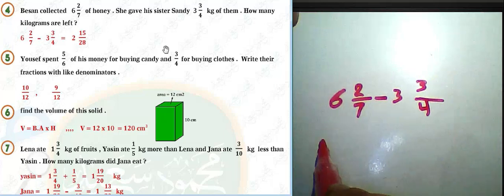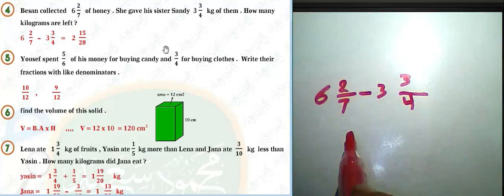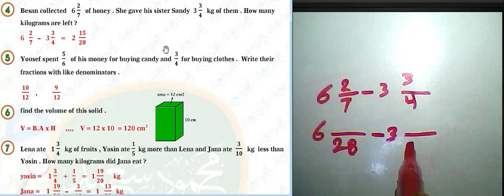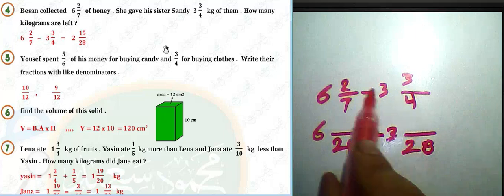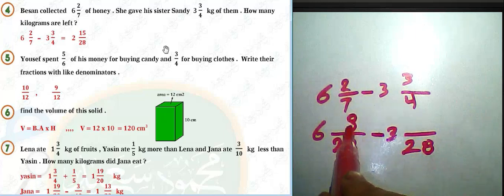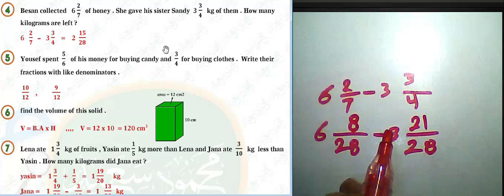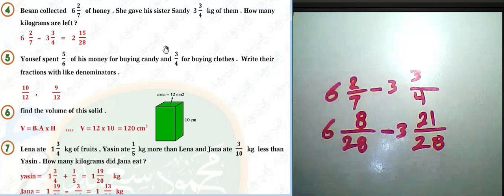So the least common multiple between them equals 28. Write 6 here and 28 in the numerator, and here 28 in the numerator. 4 times 2 equals 8. 3 times 7 equals 21.